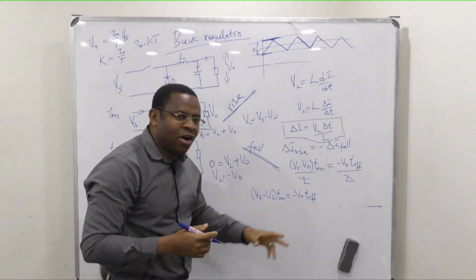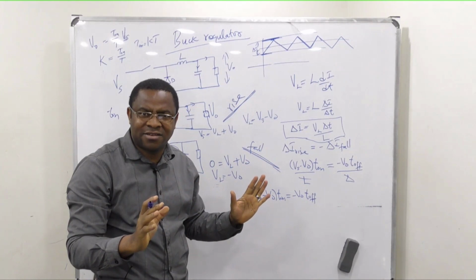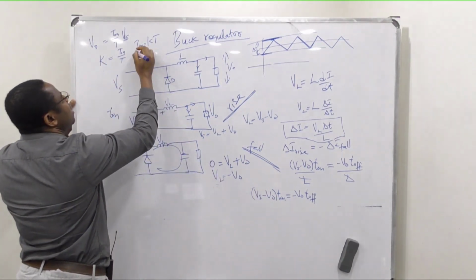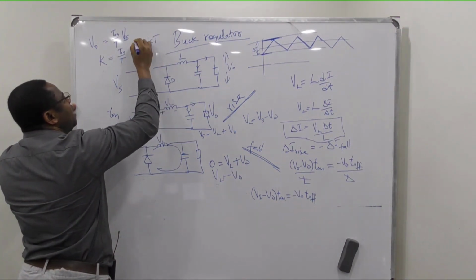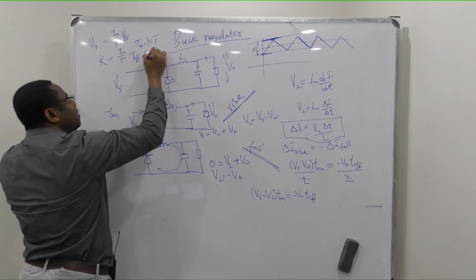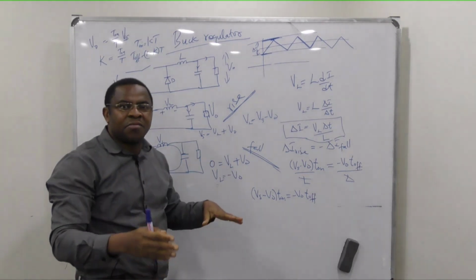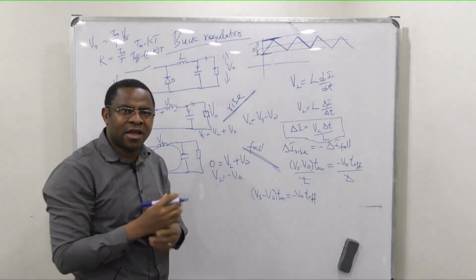Well, what will be T off? T off will be (1 minus K) T, right? So remember, here is T on, and T off is also (1 minus K) T. You can just check it. Remember that T off is T minus time on.